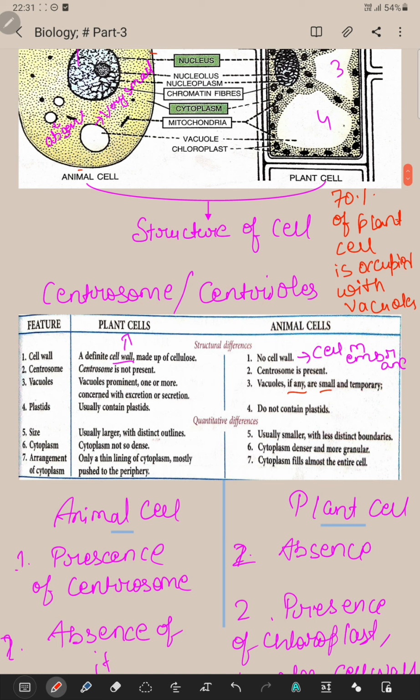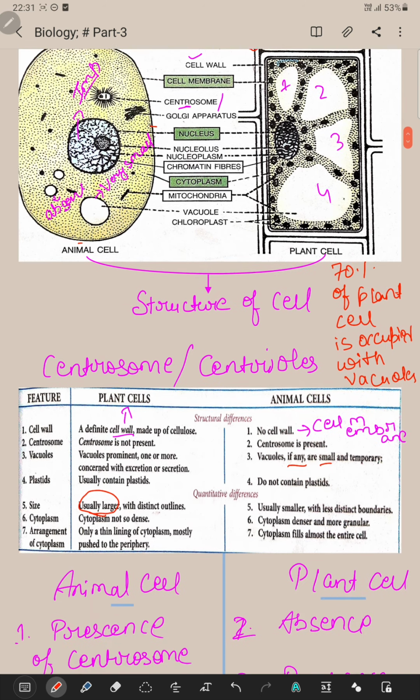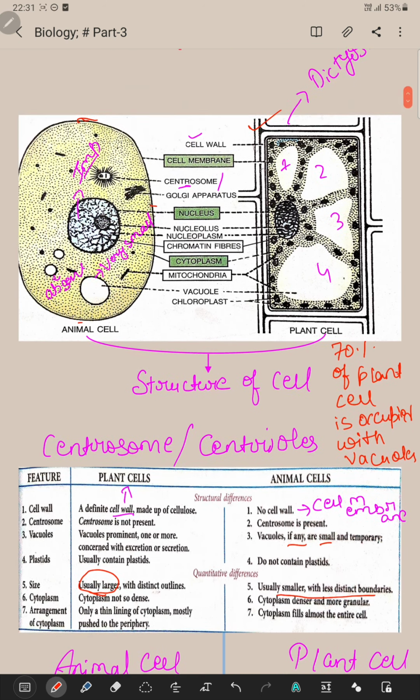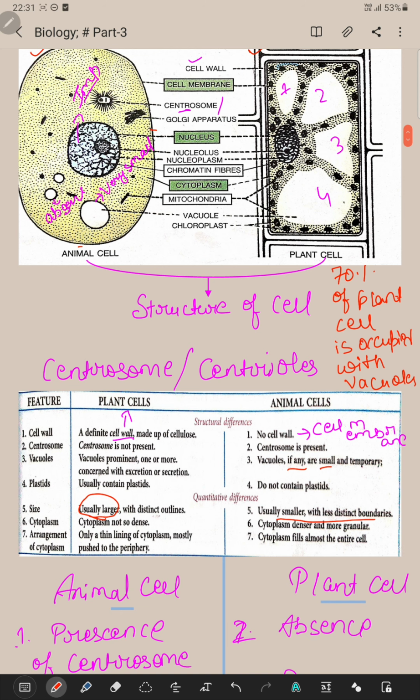Then animal cell is usually smaller with less distinct boundaries. Okay, so here I have generally confused you. Sorry for that. Here the larger one is plant cell, and the smaller one with less distinct boundaries is the animal cell. But basically in this figure you can compare that animal cell looks bigger. Why is it told here that plant cell is bigger?